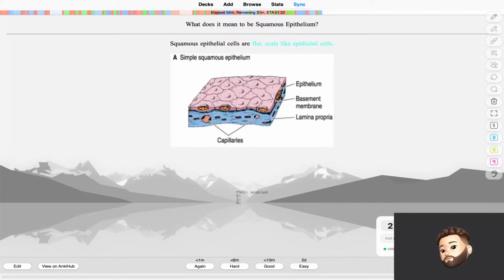Where is squamous epithelium found? Air sacs of the lung. Oh, it's stratified squamous epithelium. So that was close. It's not simple, but flat scale-like epithelial cells.